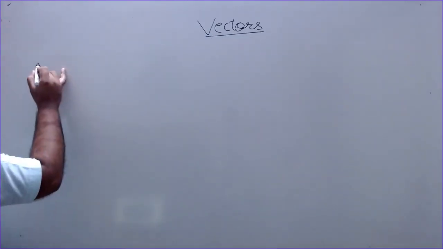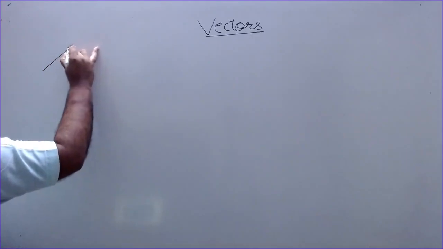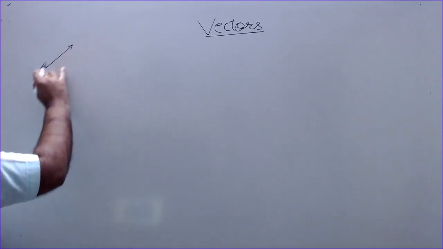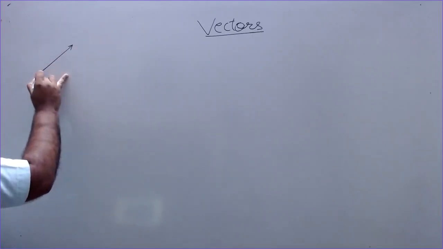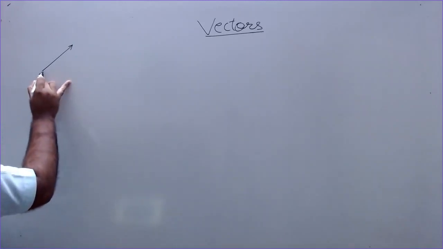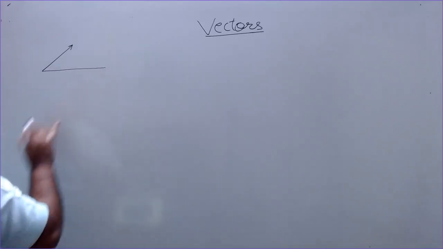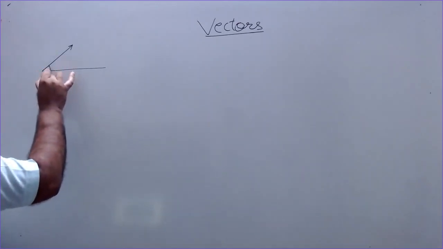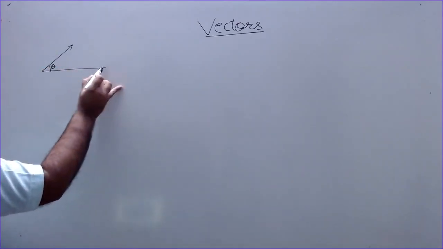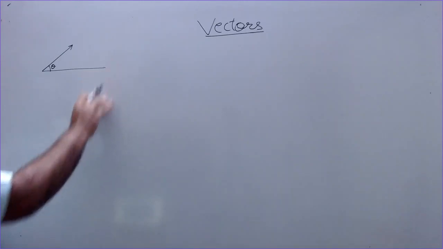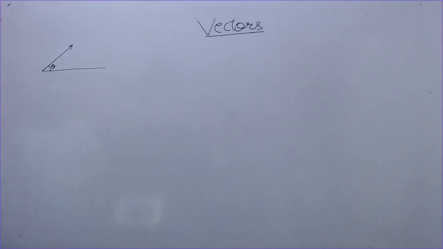Suppose this is a vector, with a head and a tail, acting at this point. This is the horizontal direction, and it makes an angle theta with this direction. I am taking this as horizontal, but it is not necessary. For the purpose of reference, we take horizontal and vertical, the x, y and z directions.